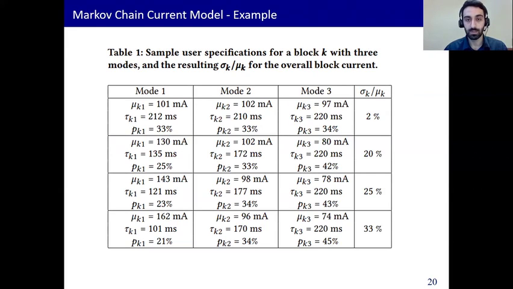Moreover, we show in this example the estimate sigma over mu shown in the last column. We show how it increases as we make the mode currents and occupancy times farther away from each other. This adds to the variability of the process I_k, which is reflected by higher values of sigma over mu.